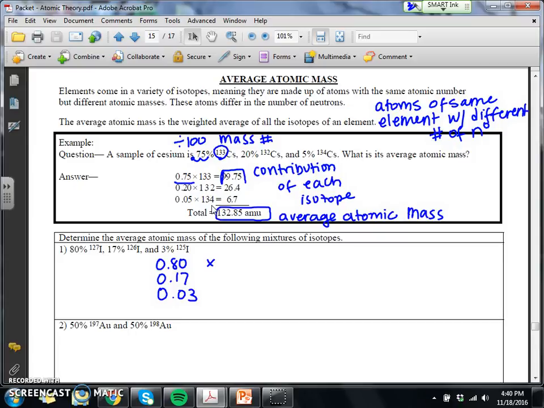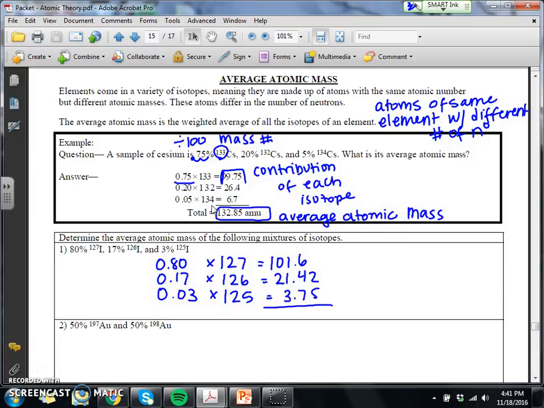We're then going to multiply them by the masses that they're associated with. 80% is iodine-127, 17% is iodine-126, and 3% is iodine-125. When we multiply these together, 0.8 times 127 gives us 101.6. 0.17 times 126 gives us 21.42, and 0.03 times 125 gives us 3.75.